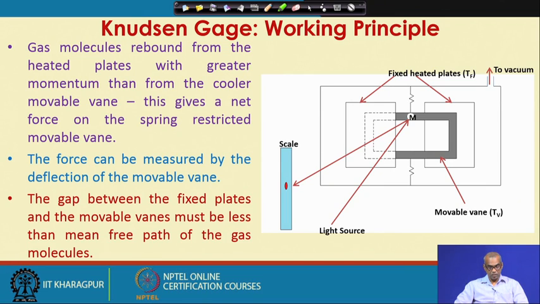Because of this condition, we cannot use this instrument for measurement of higher pressure, because the condition that the gap between the fixed plates will be smaller than the mean free path of the gas molecules can be met only at very low pressures, because at low pressures the mean free path of the gas molecules will be larger compared to the case when I am talking about higher pressures.